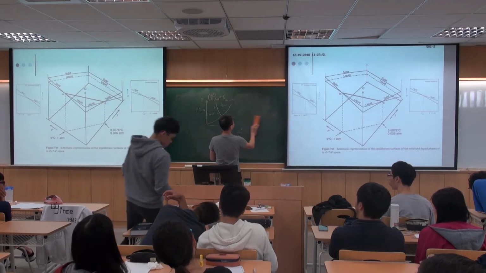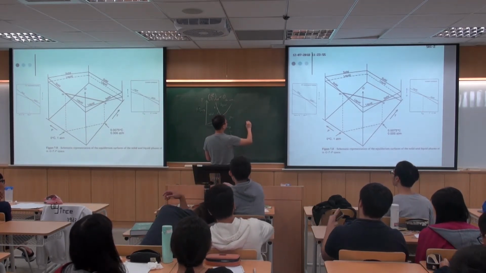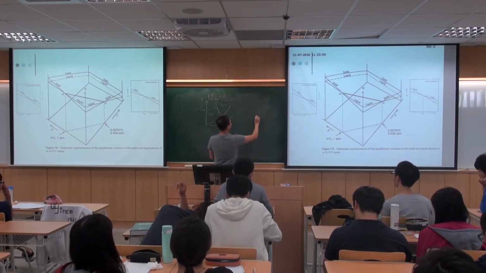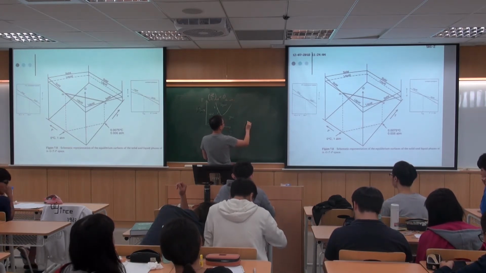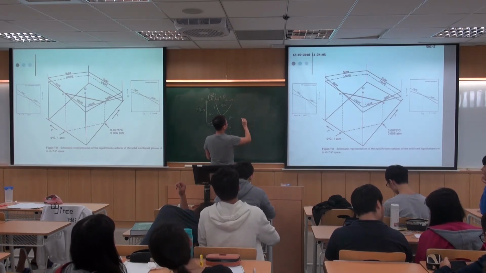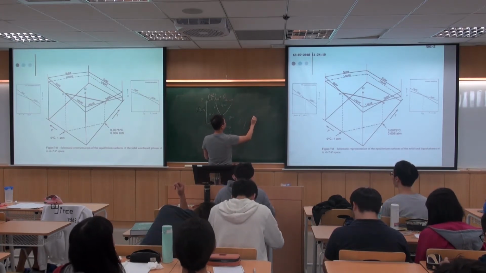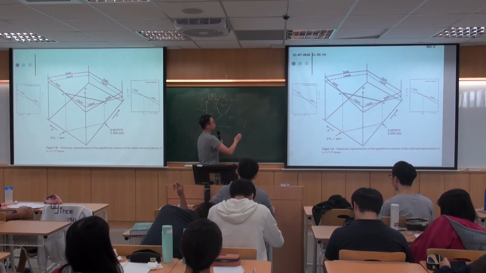But I think it's so hard to plot it out in a three-dimensional way. Maybe I should practice first. Maybe this is more straightforward. Yeah, like this. So you have two planes, right?